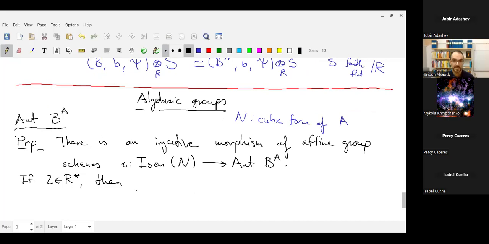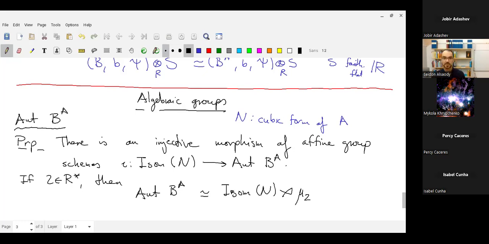So you get a semi-direct product with the help of this embedding. So the automorphism group of BA is isomorphic to the isometry group of N, semi-direct product with the second roots of unity.